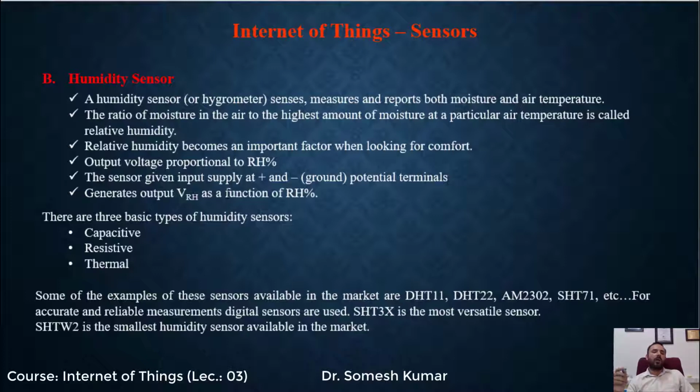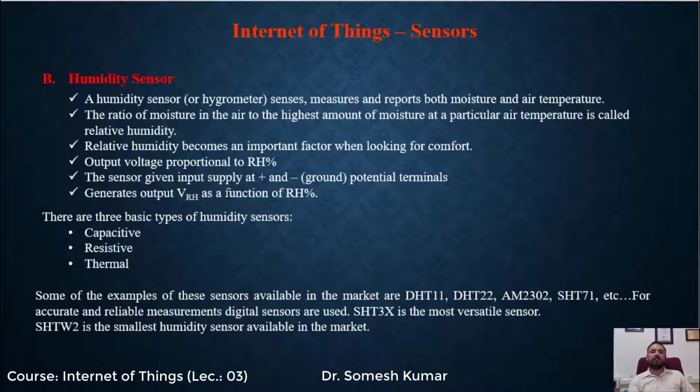Fine. So your output voltage in the humidity sensor is proportional to the relative humidity. So the output voltage VRH gives the value of your relative humidity, or alternatively we can say VRH is a function of the RH percentage.